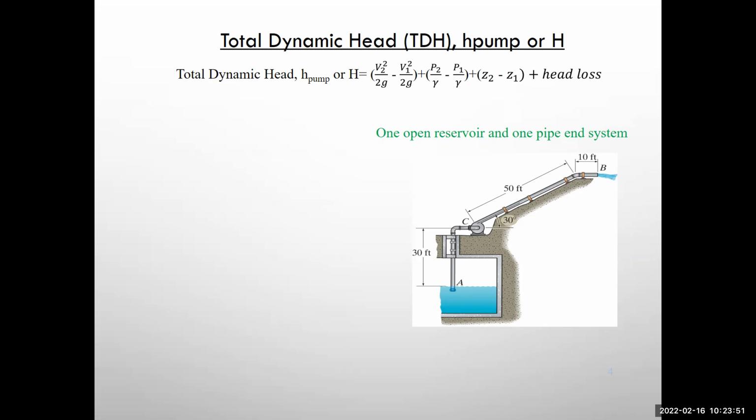What will be the only difference? You're ruining my chances of getting a boyfriend. At B, the velocity of B. Wait, B is not open to... Yes, it is. It's an open pipe. Does that count? Yeah.